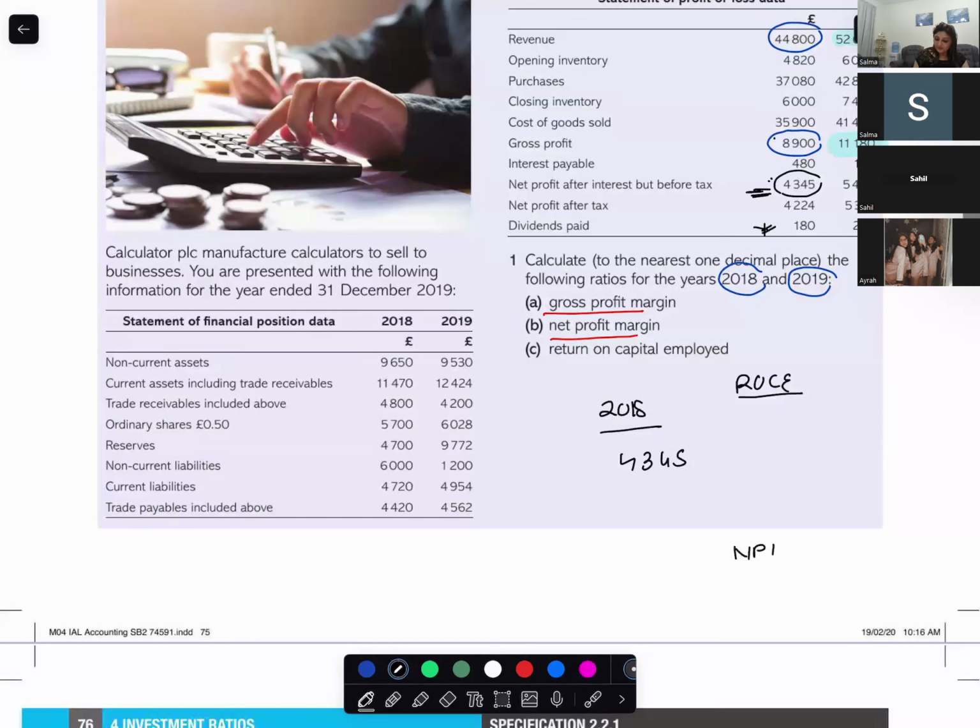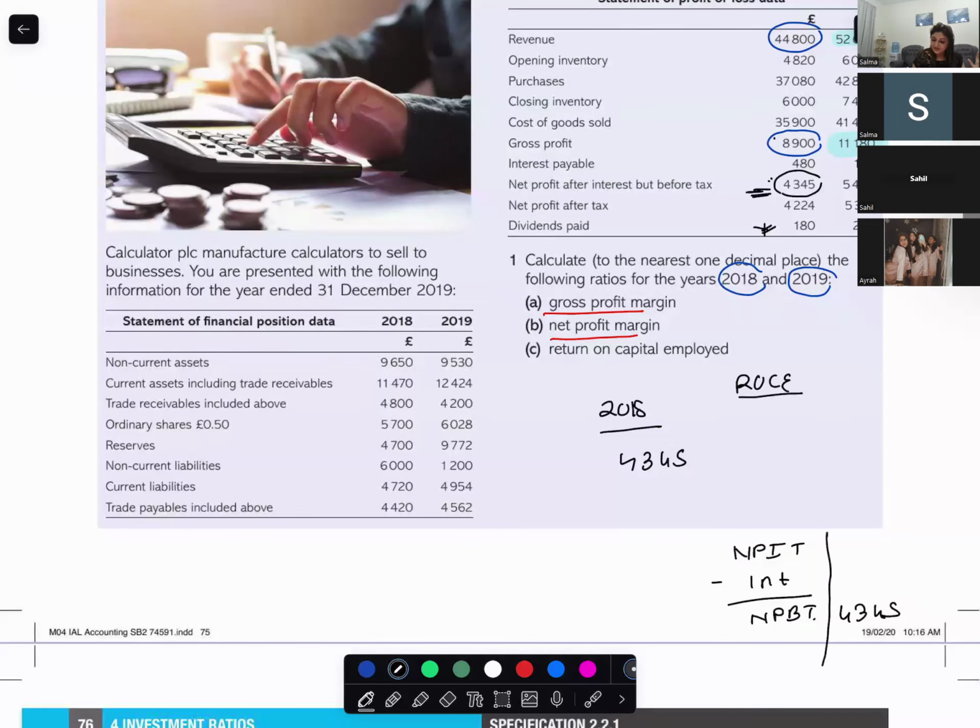So net profit before interest and tax minus interest gives you net profit before tax. I don't know my net profit before interest and tax, but I know my net profit after interest, before tax, is 4345.